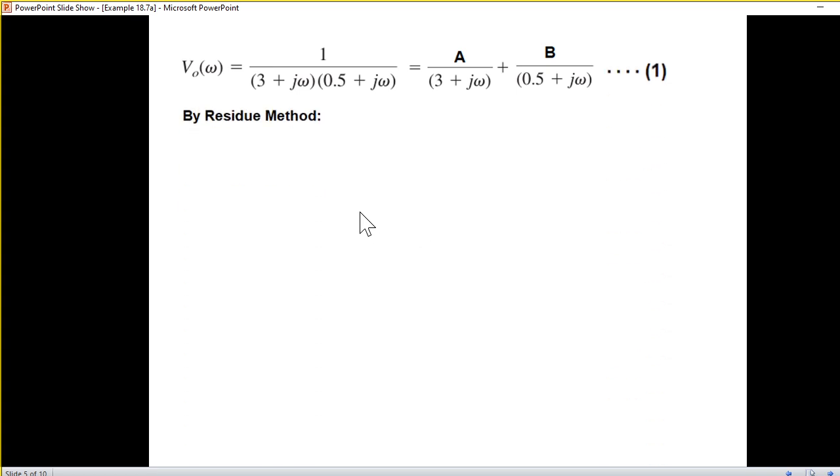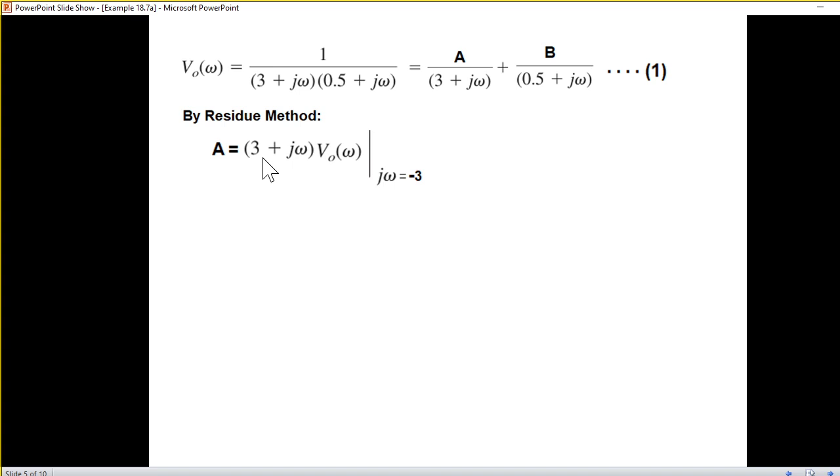Now again, recall the residue method, although I'll repeat it here. To find A, we multiply V(ω) by the denominator of A, and the condition is that we put this equal to 0.